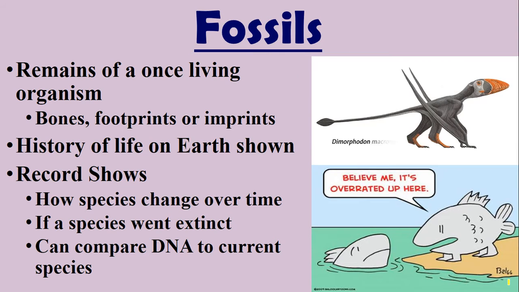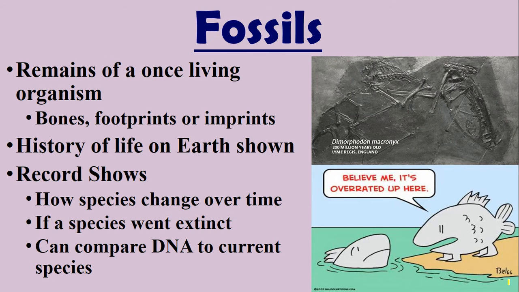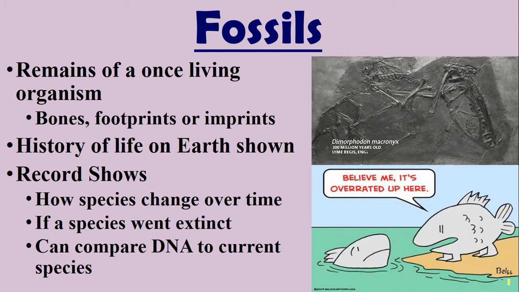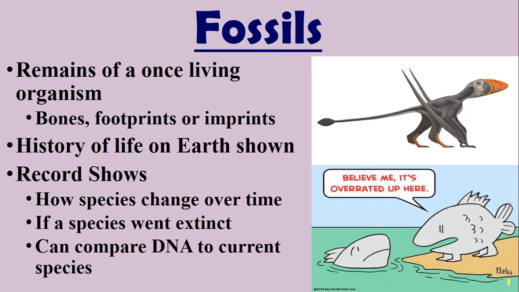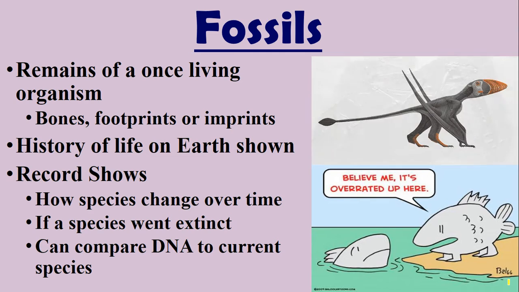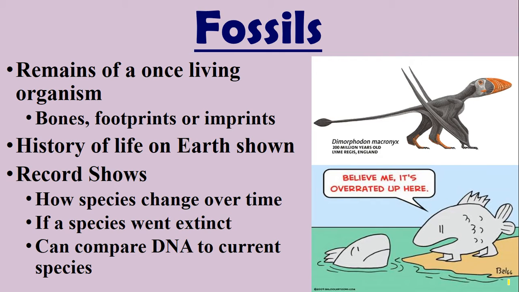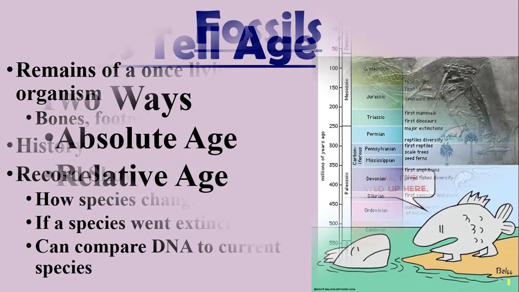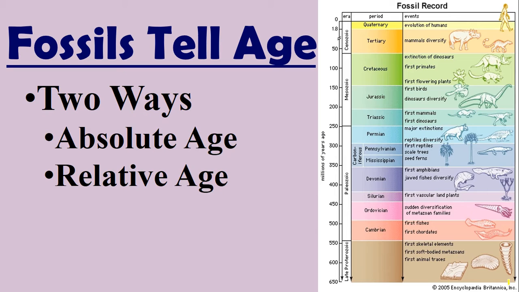There are actually distinct times when major species went extinct, mass extinctions, but we can also see when one little individual just stops showing up in the fossil record. And we can compare DNA to current species when we have the bones. We could compare the DNA of, say, a mammoth to the DNA of an elephant and see how closely related they are.